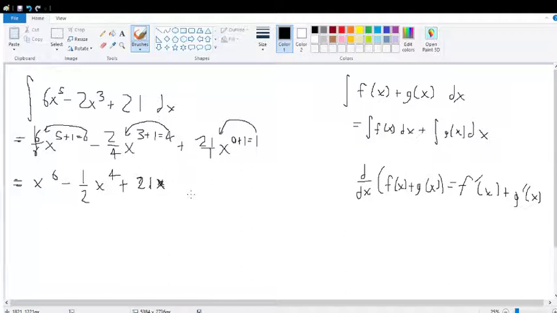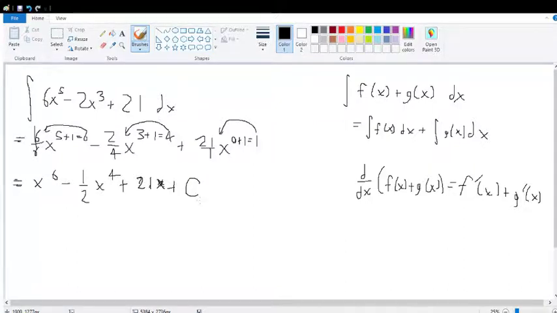So now all I need to do is just simplify it. We already simplified it right here, and we're done. So we can just put a plus c. It's important that you put this plus c, by the way.